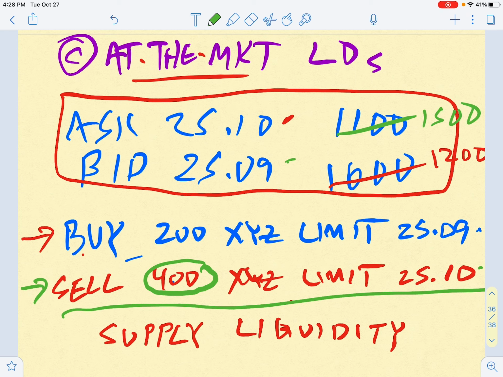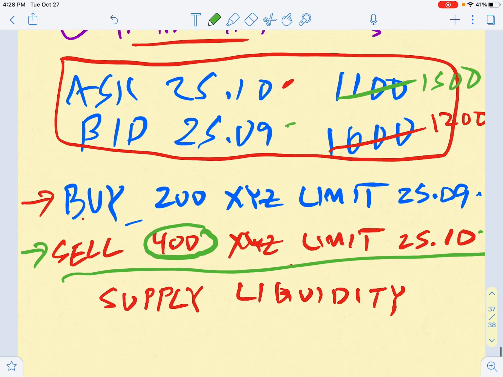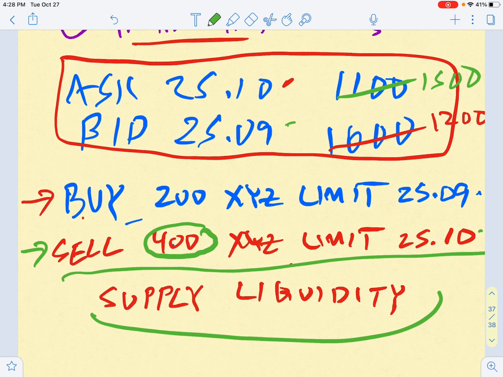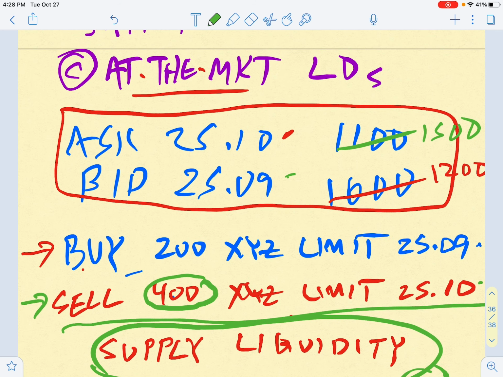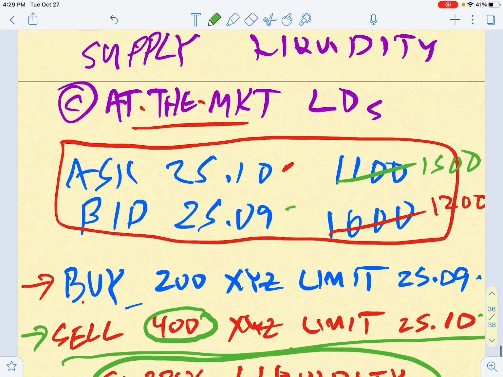And again, we see that that order, as is the case with all at-the-market limit orders, supplies liquidity. That's important to know: at-the-market limit orders supply liquidity.